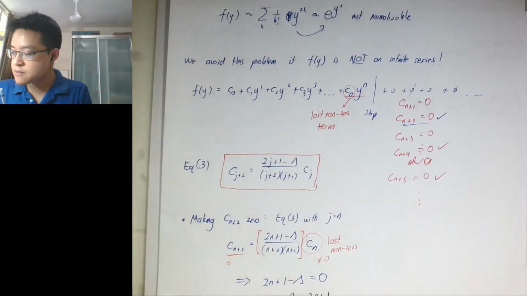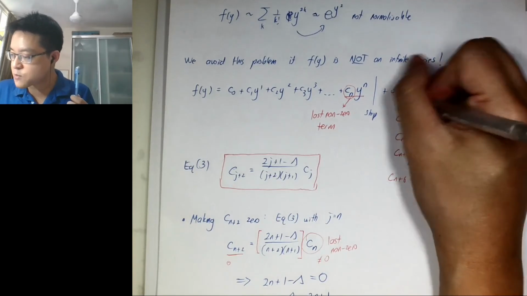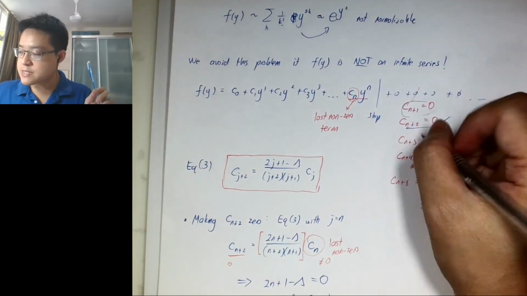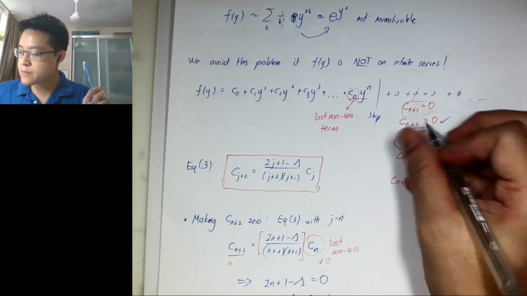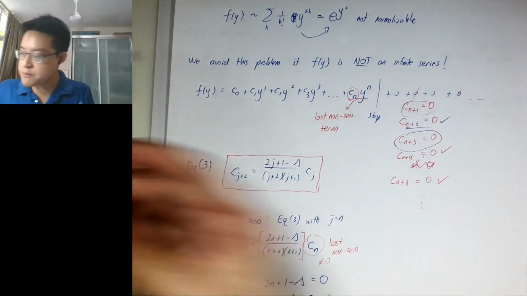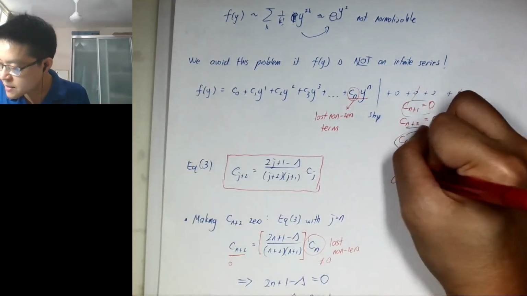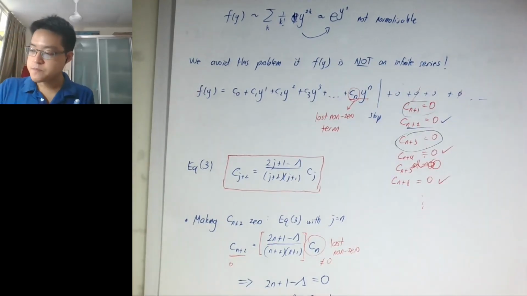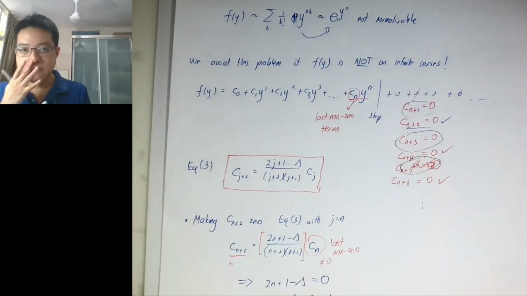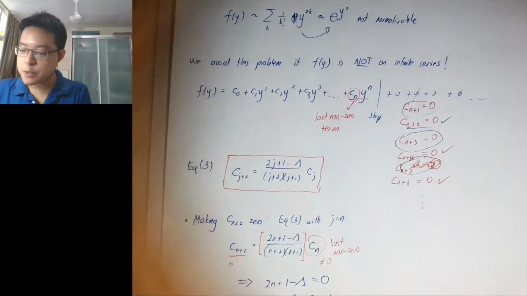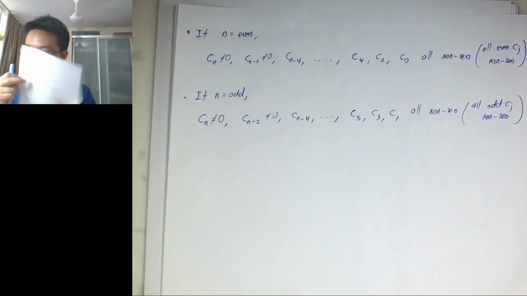How about the n plus 1? If I can make n plus 1 0, then this is going to be 0. Then n plus odd numbers, so n plus 5, I can also make it 0. And so on and so forth. So can we make this 0 as well? Let's try.